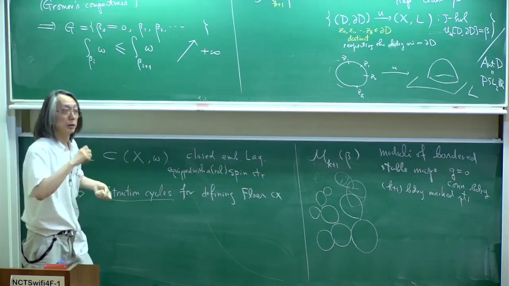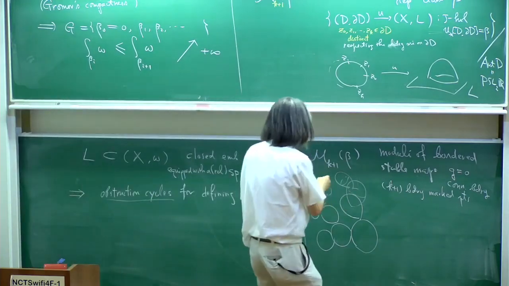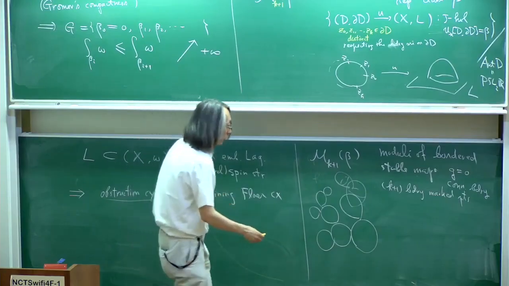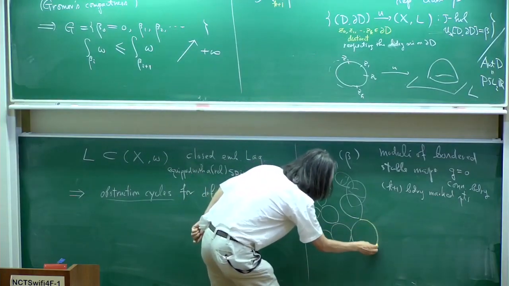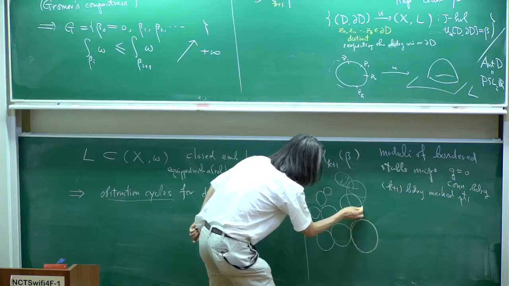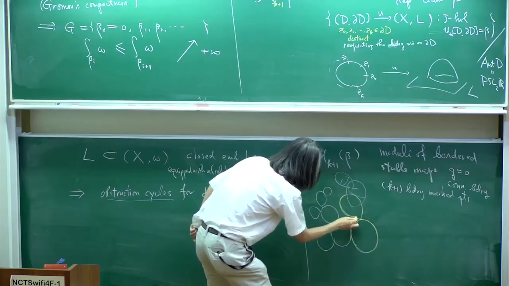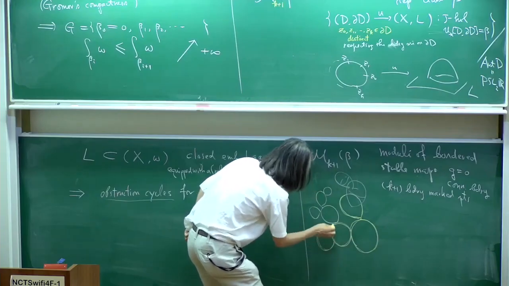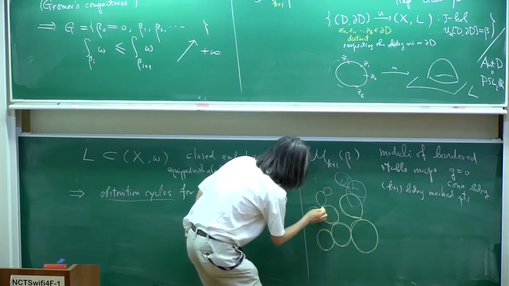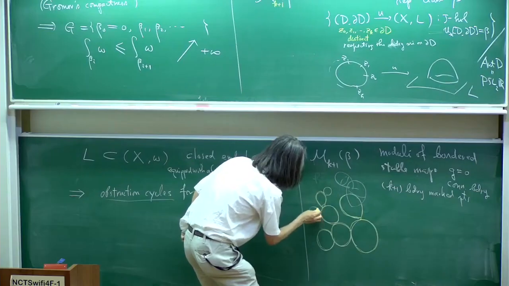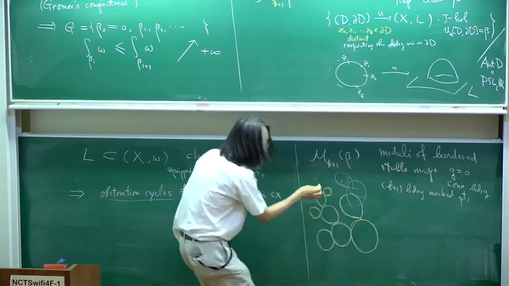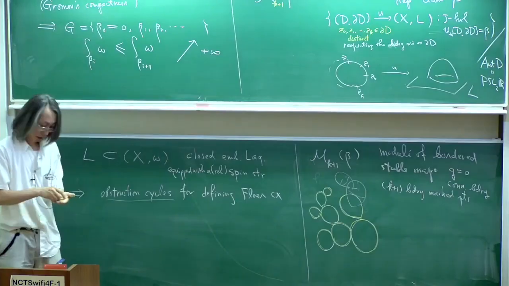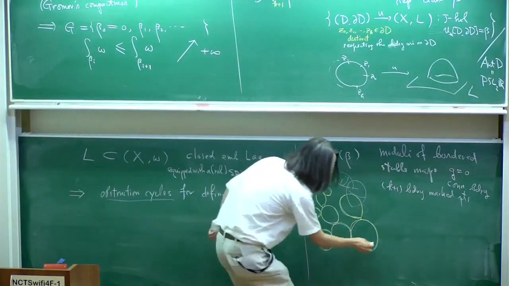I will tell you. And anyway, in this case, if you look at the boundary of this, the boundary is here, and here, and here. What I'm saying is, this boundary is actually connected. Just like this. So connected boundary, and then I may have a bunch of marked points on it.